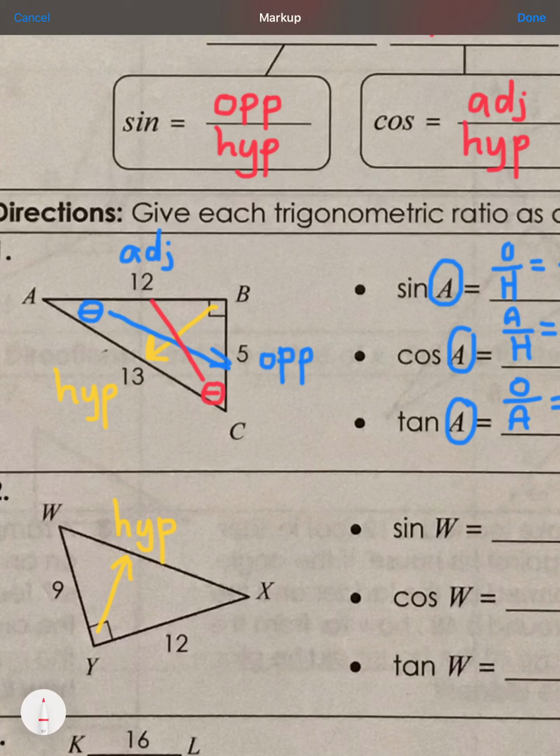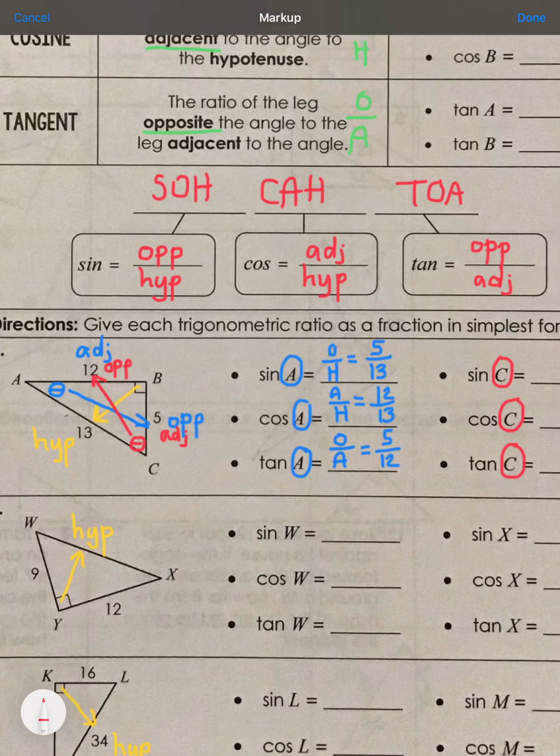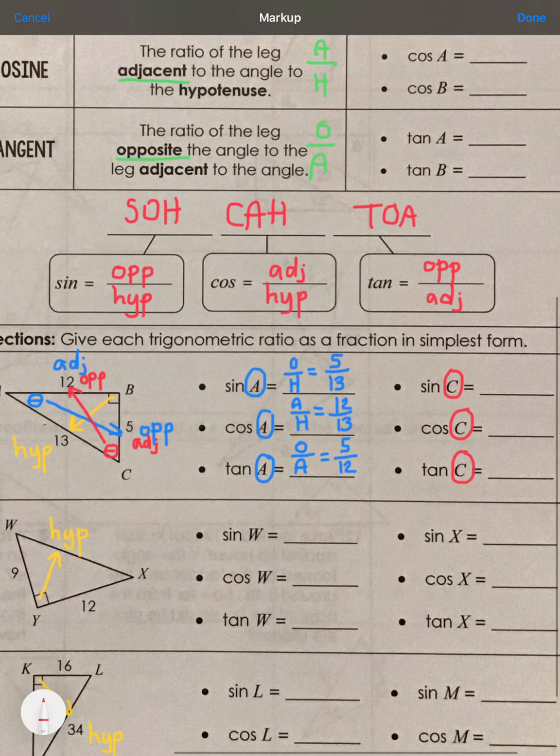Now, when the angle changes, if they're asking me to look at the sine, cosine, and tangent of angle C, then my theta becomes angle C here, and the 12 is now the opposite, and the 5 is the adjacent. So the sine of angle C, once again, is opposite over hypotenuse.